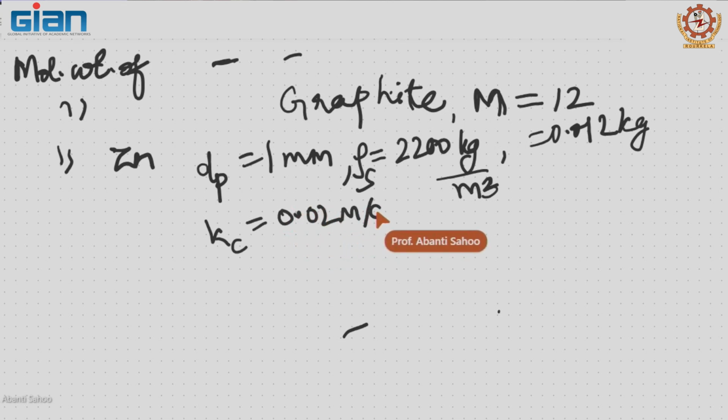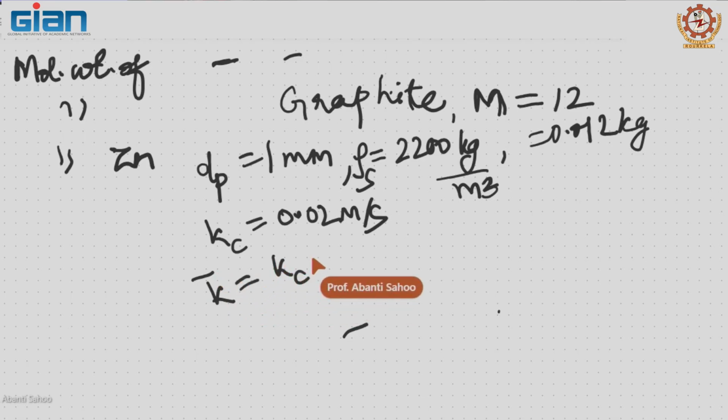and assuming overall reaction rate also same. If you assume that rate constant and overall rate constant is equal, so again assuming here the same environment, that is 8% oxygen is provided, where the pressure is 10 to the power 5 Pascal.